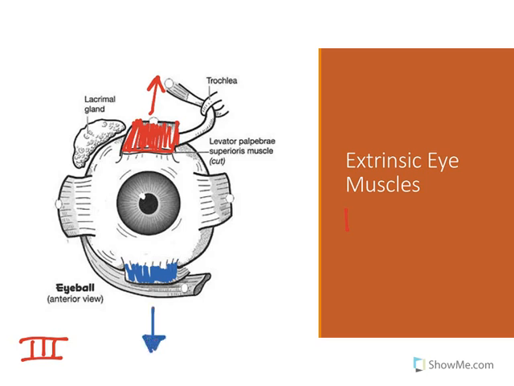That's also innervated by the oculomotor nerve. We also have the medial rectus. I'm going to do that one as gold. So here is the medial rectus muscle. That allows you to look towards the nose, medially. And then we also have the inferior oblique. Let's do that one in green. So here's inferior oblique muscle.